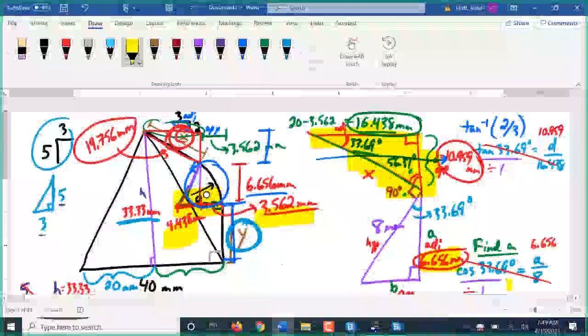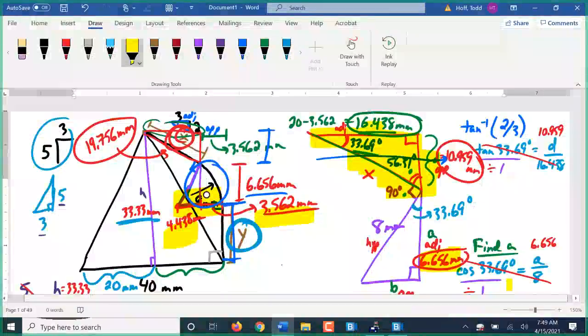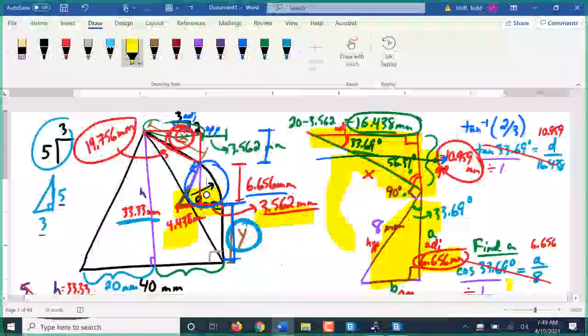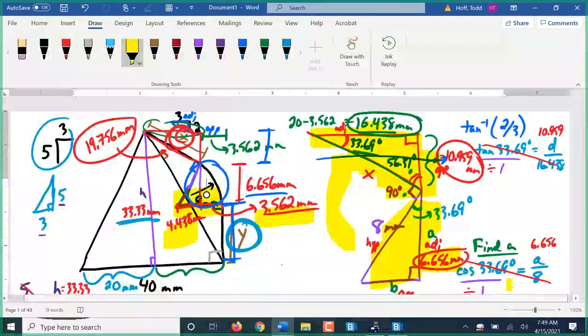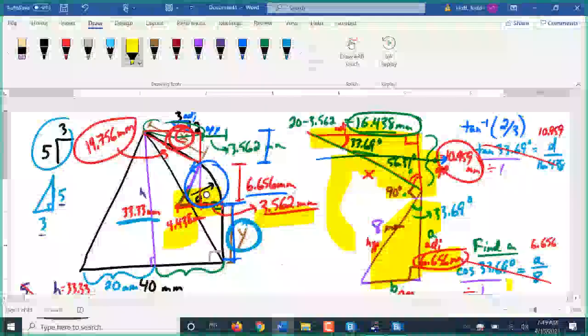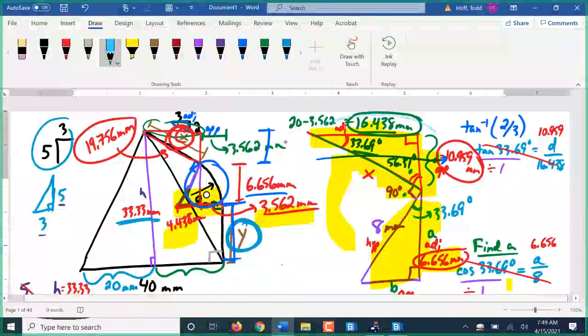Then we had to set it aside and leave it, using those angles that we found to work on another piece. Then we completely solved that piece. Then we went back up to where we were doing what we were doing with that first triangle. I didn't do the greatest job of keeping things neat and organized here, but this is the type of problem where it is essential that you have some sort of organization, because as we saw, we worked on this for a while.